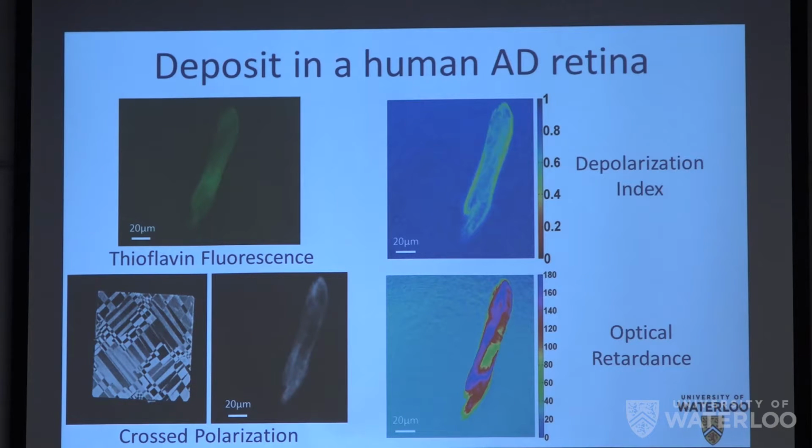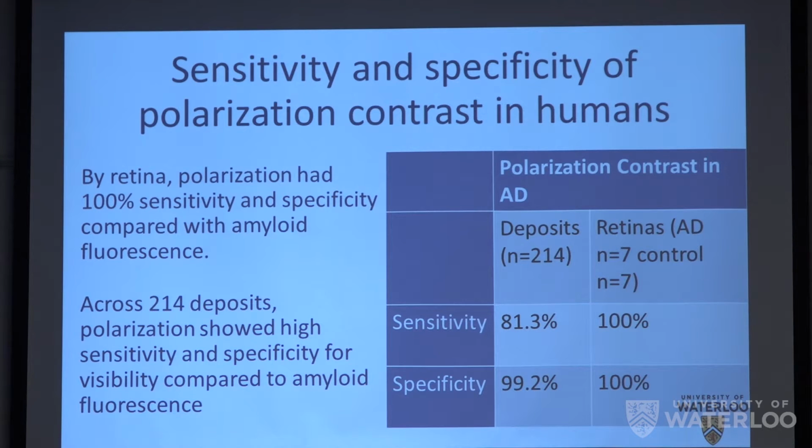So you can clearly see the deposit if you look at either of these properties. And we haven't used a dye at all except to confirm that it is amyloid, but we're not actually looking at the fluorescence of the dye in these particular pictures. And we have tested that the dye itself doesn't have polarization properties.